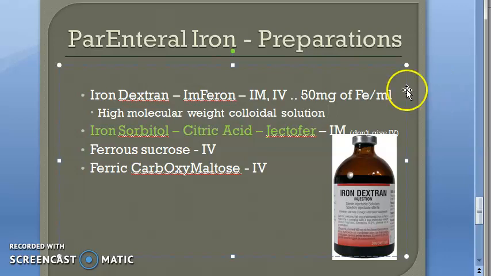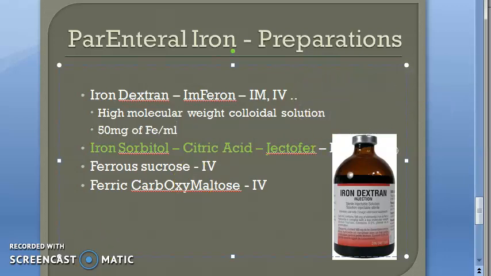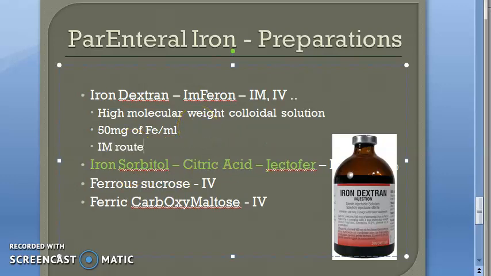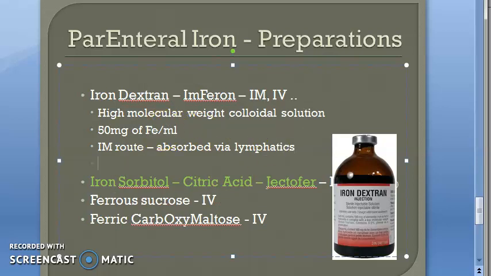It has 50 milligram of iron per ml. In the IM route, it is absorbed via the lymphatics. Then it circulates without binding to transferrin.